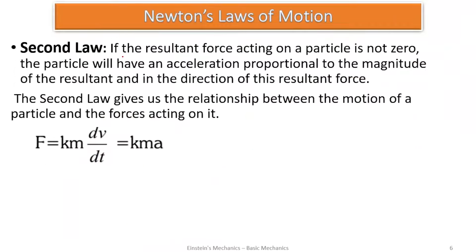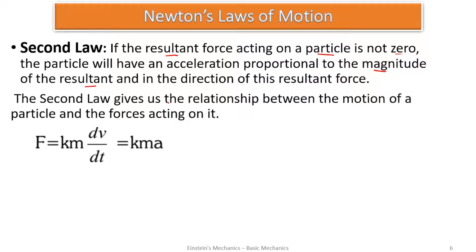The second law. So this is what the second law is saying. It says if the resultant force acting on a particle is not zero, the particle will have an acceleration proportional to the magnitude of the resultant and in the direction of this resultant force.